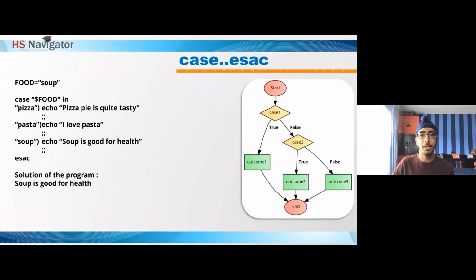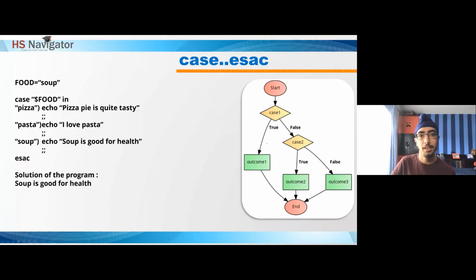So let's say you have a food that is soup, and maybe the user can enter any food, or you have the food hard coded in, and you want to do something different based on each one of the foods that could possibly be entered. So food equals soup. So you do case $food, so case of this variable, we're going to look at the value of that variable and do something different based on what it is.